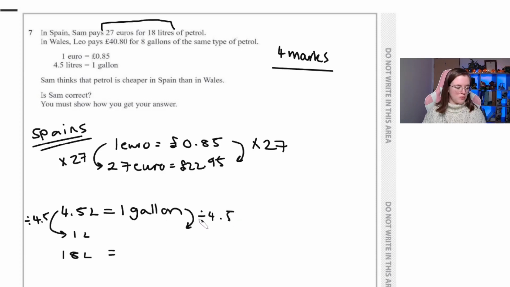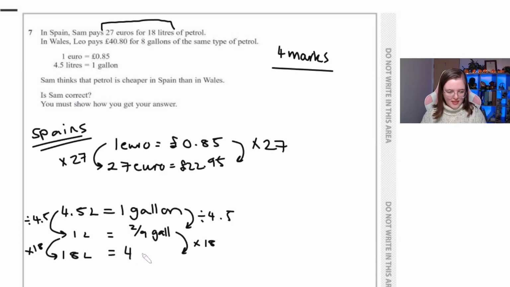So 1 divided by 4.5 is 0.2 recurring. Let's just leave it as 2/9 for now. 2/9 of a gallon. Okay, and then to get from there to there, I'm going to times that by 18. So I'm also going to then times this by 18. So times 18, and I get 4. Perfect. So then that is 4 gallons.